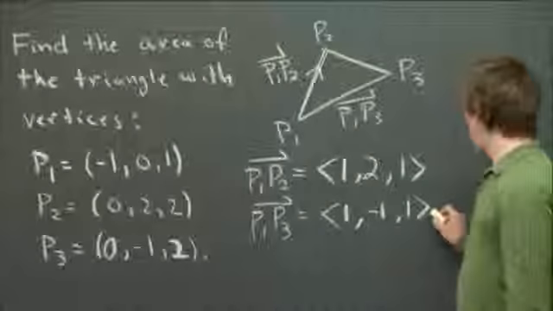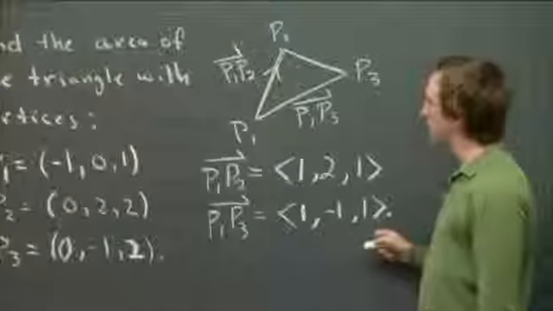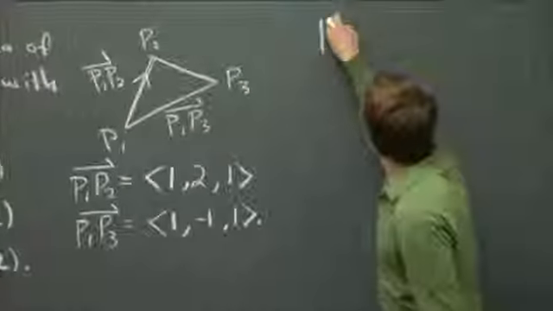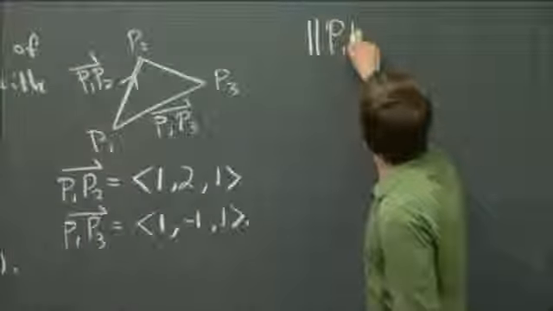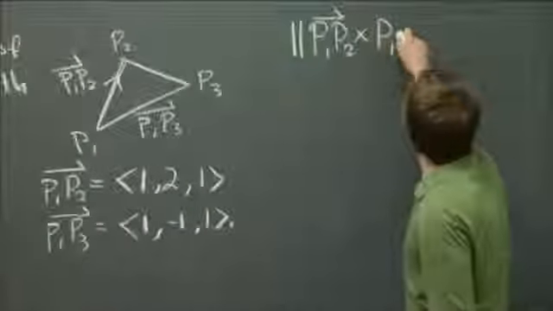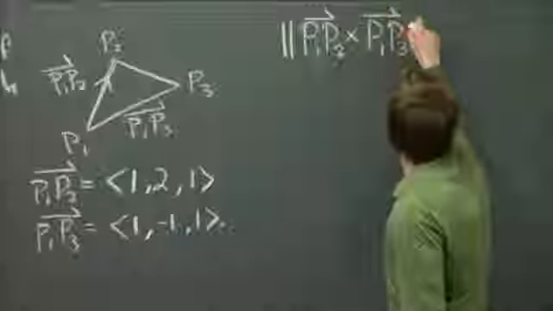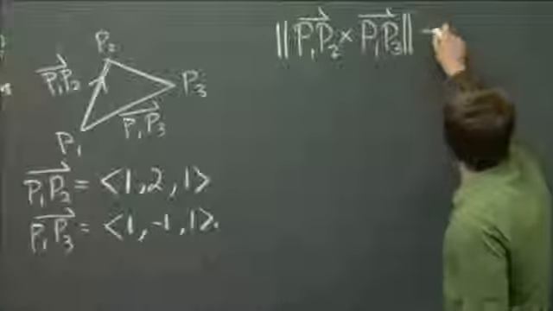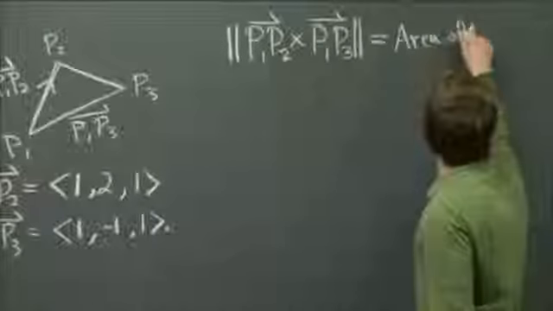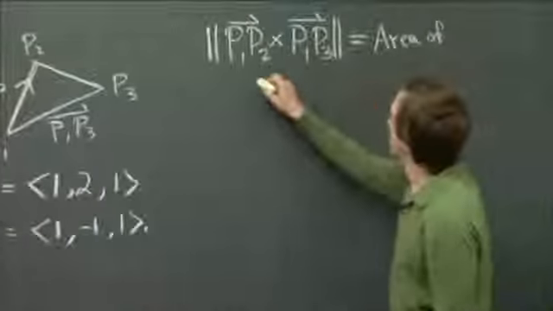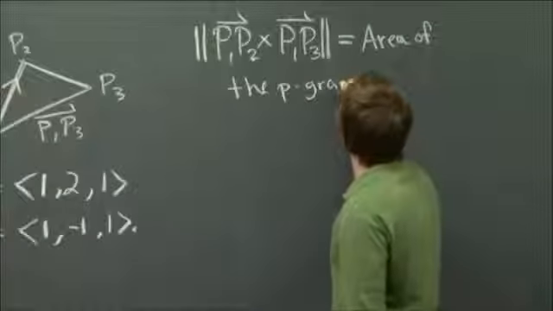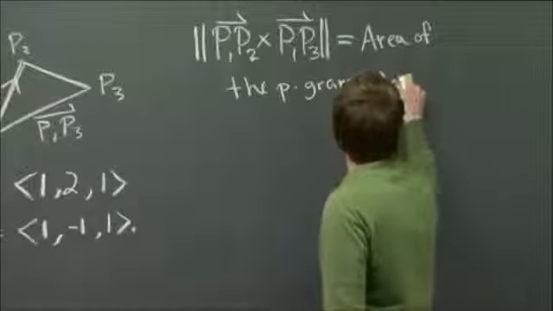Very good. OK, so now that we have these vectors, we need to remember that if we take the absolute value of P1P2 cross product with P1P3, this will be equal to the area of the parallelogram they enclose.